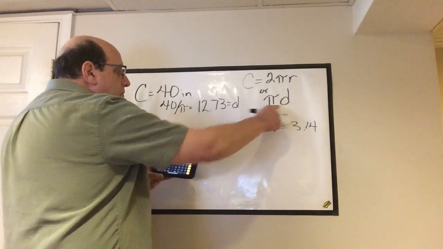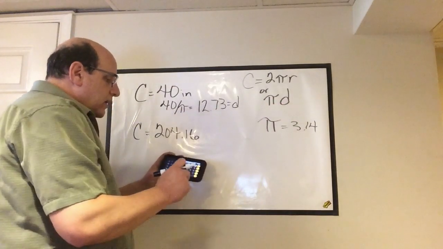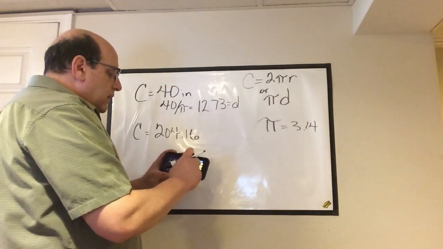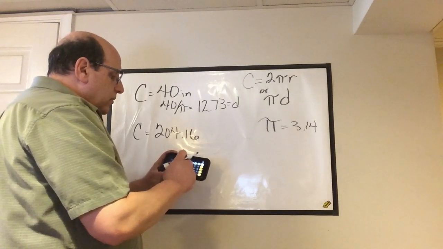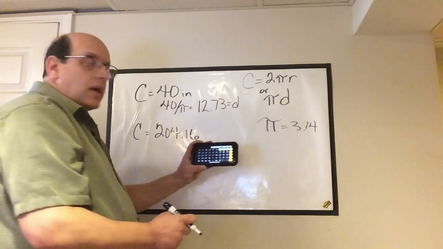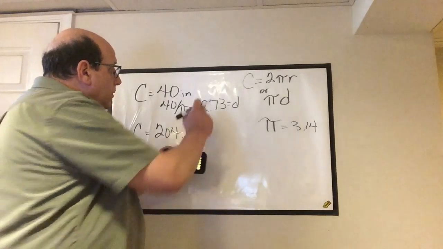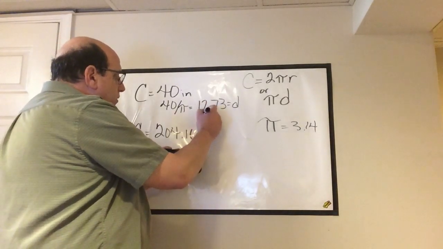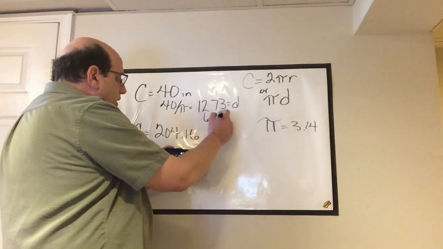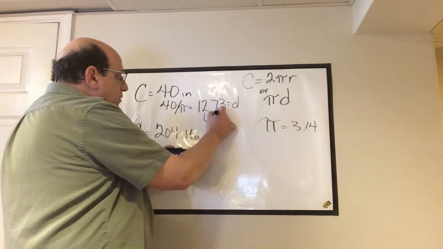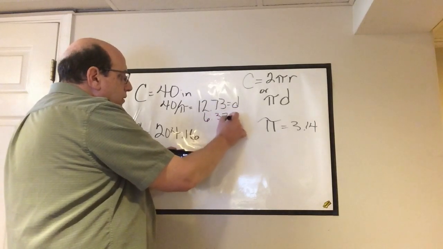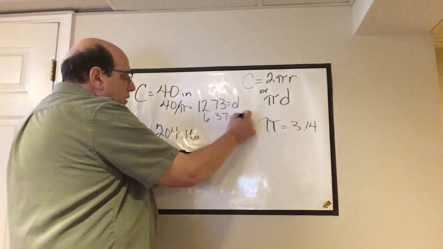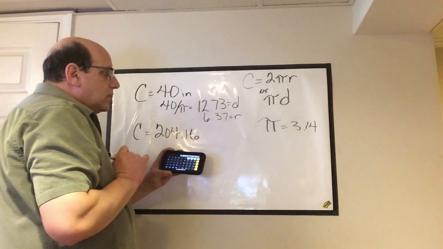We divide by pi and we get our diameter, and then if I divide that by 2, I'm going to get my radius. And so my radius rounded to the nearest hundredth is 6.37. Okay?